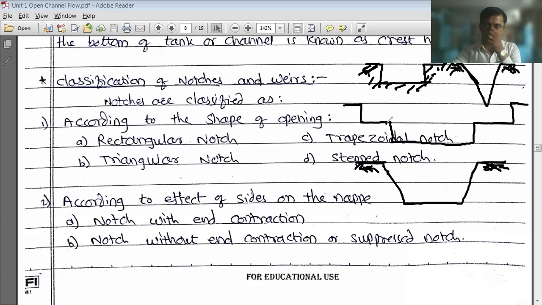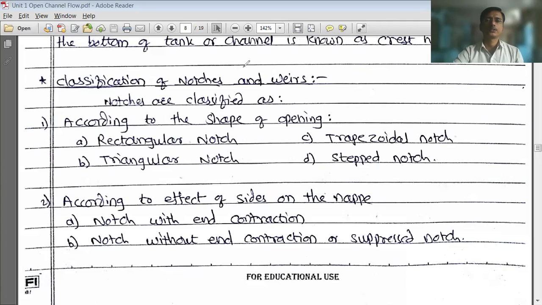The formation of step is here. So this type of notch is called the stepped notch. So this was the classification based on the opening.